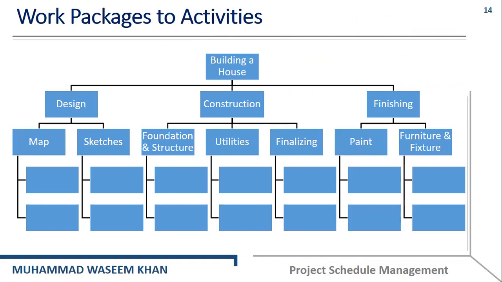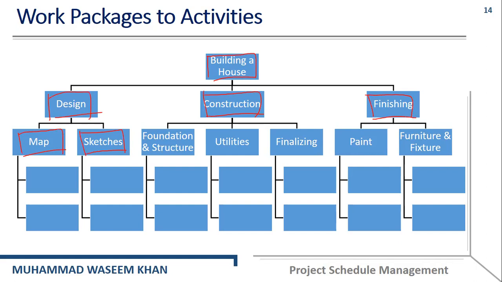You can see the work package to activities that we have discussed in the previous slides. The project is building a house, and building a house is divided into three control accounts: design, construction, and finishing. Design is further divided into the map and sketching.